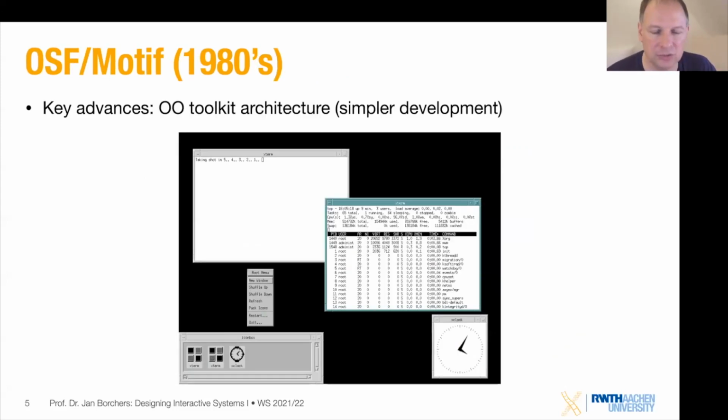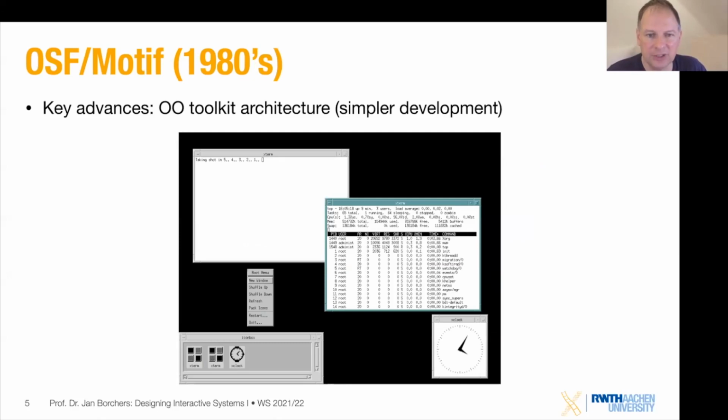So then we get to one other thing that you've probably not heard about, unlike Windows, but I just mentioned the Unix world, right? The Unix world was mostly running on terminal systems, and they did have X Windows.